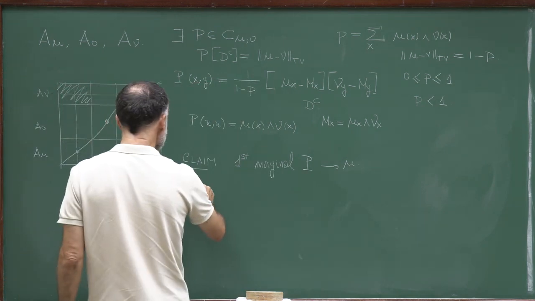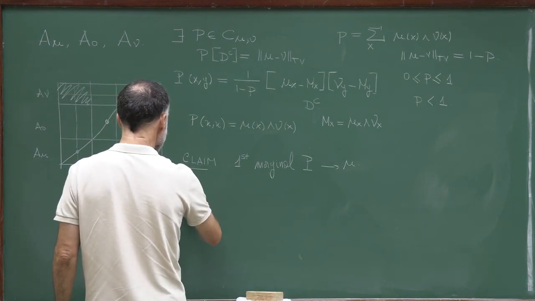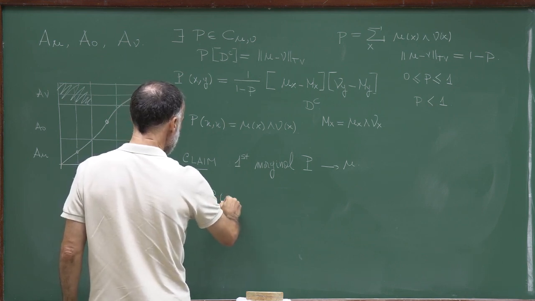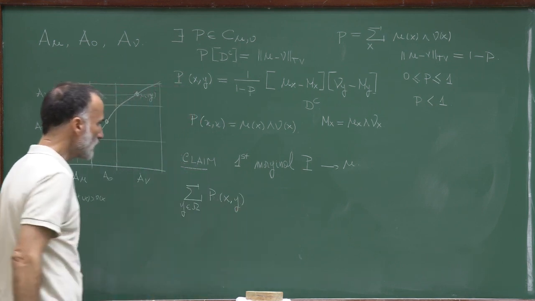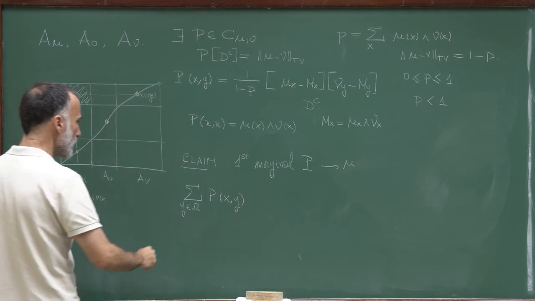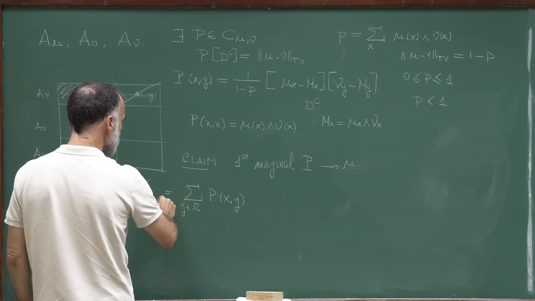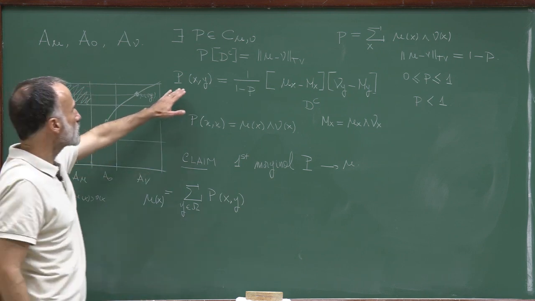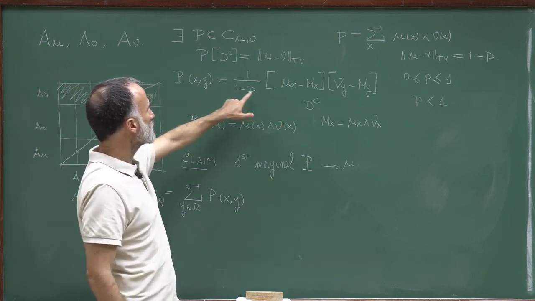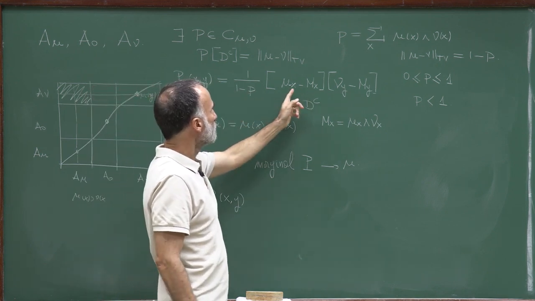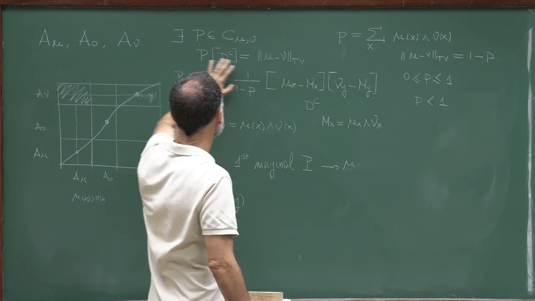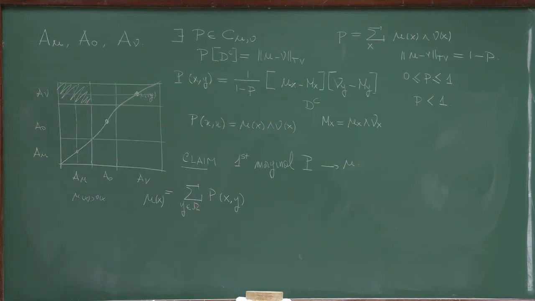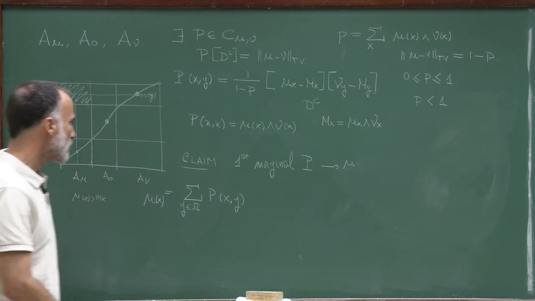So what we need to do is sum over all y in omega of p x y and show that this quantity is equal to mu of x. This is what I need to prove. Mind that p is non-negative. I'm assuming here that p is smaller than 1, so this is well defined. This is the minimum, so it's non-negative, so p is non-negative. And now what I claim is that the first marginal is equal to mu, and the same computation will show that the second marginal is equal to nu. So let's compute that.